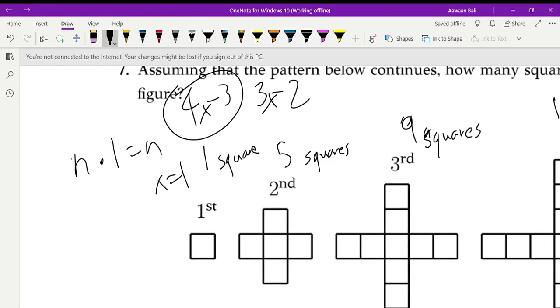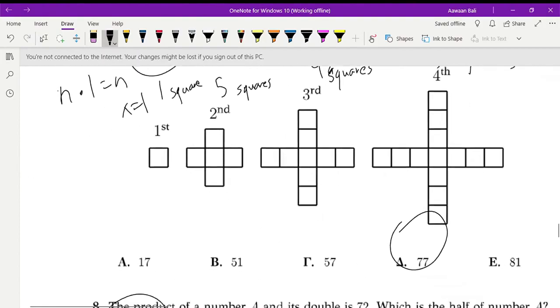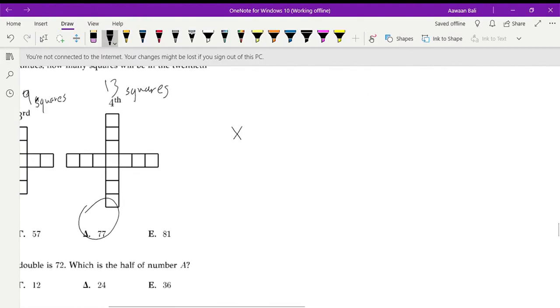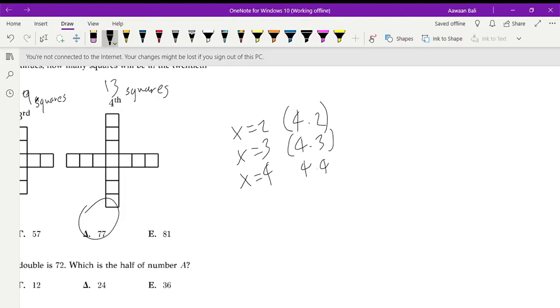You have to think about it exactly. So now it also works with the second, third, and fourth, because if we substitute, okay, so I'm going to go here. x is 2, x is 3, x is 4, which means 4 times 2, 4 times 3, 4 times 4, multiplied by, wait, actually I don't need to put brackets because of BODMAS.